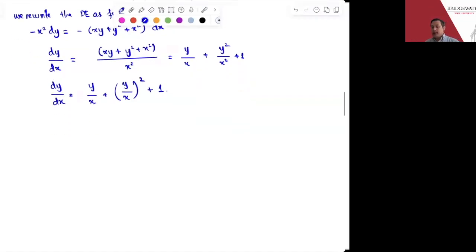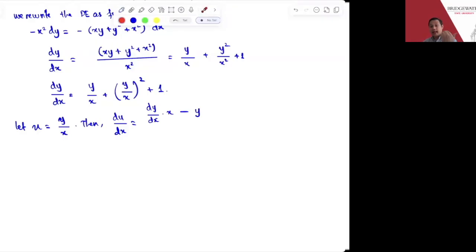Okay. Now you can use substitution. So you let u equal to y over x. Then you find du dx. So again, this is a fraction: the derivative of the top function, dy dx, multiplied with the bottom function, minus the top function multiplied with the derivative of the bottom function, where dx is equal to 1, altogether divided by x squared.